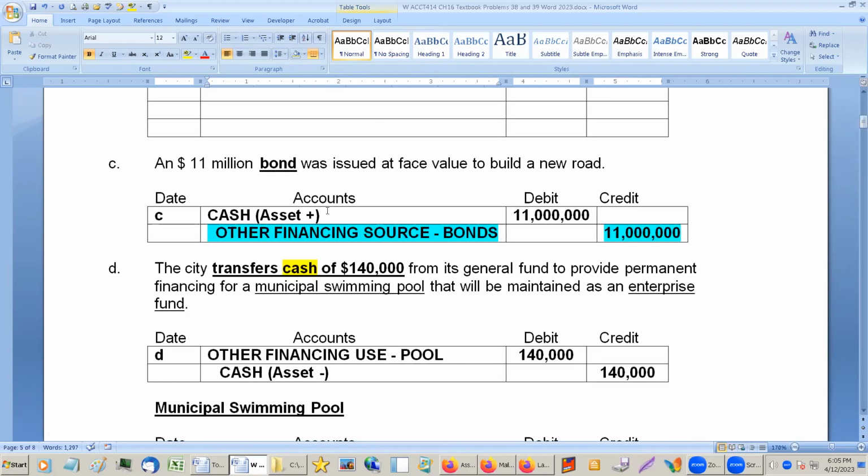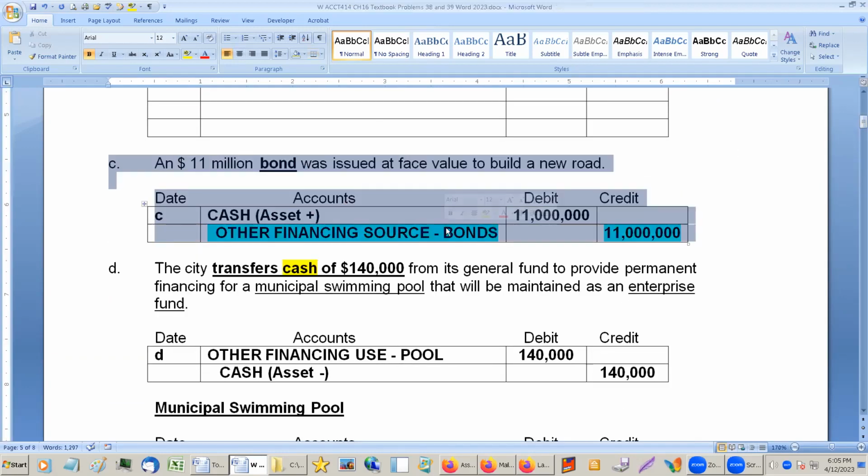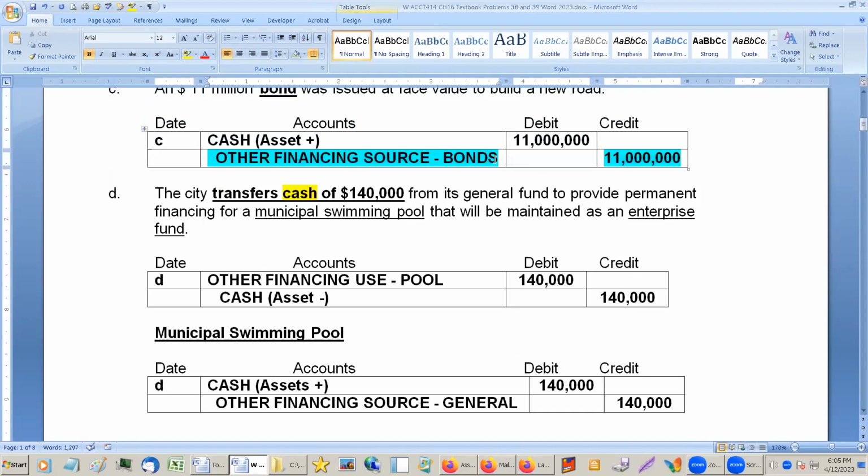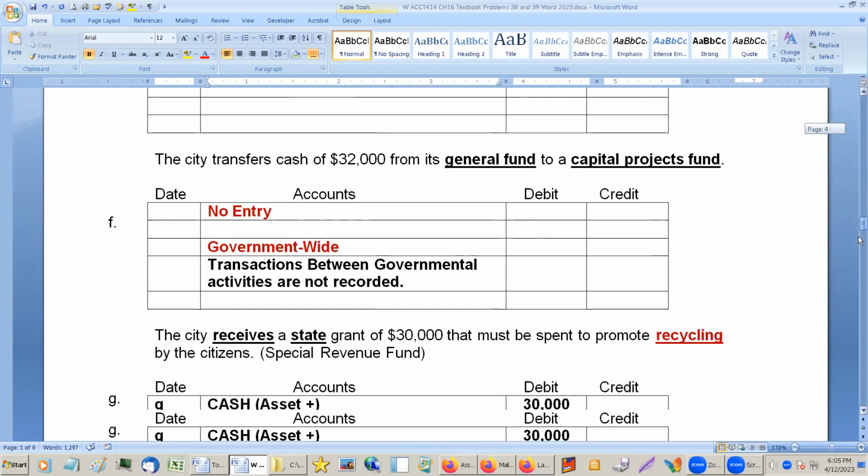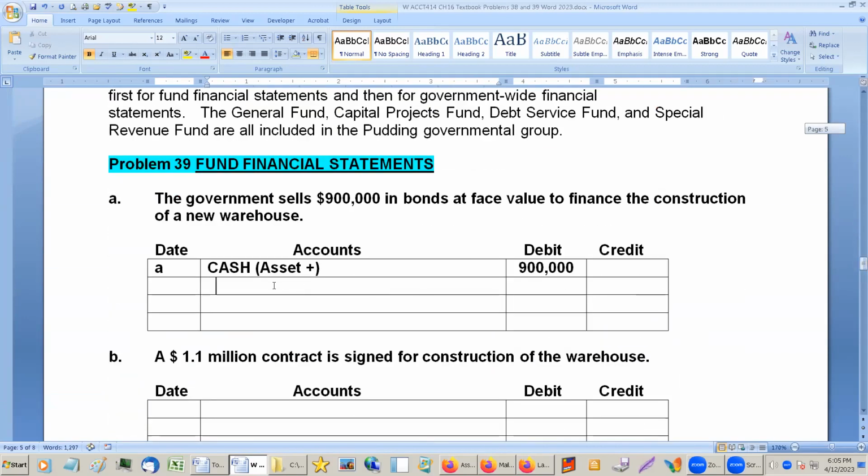Yeah, here we go. It's another financing source. We don't have any long-term liabilities in fund accounting, so it is called other financing source.